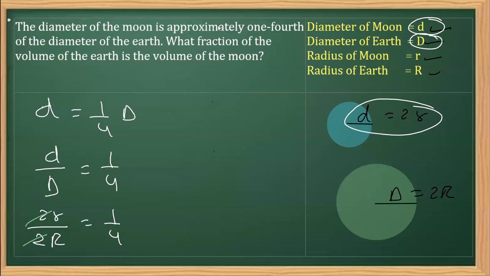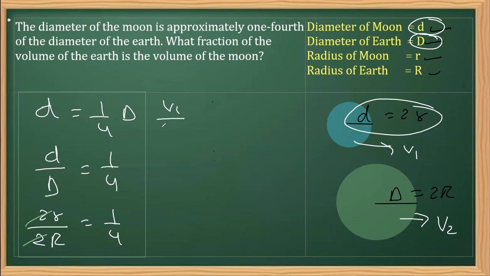Now, once we are done with this part, what we have to do next is to obtain the ratio of their volume. Why so? Because we have to find the fraction. So I can use V1 as the volume of this and V2 as the volume of the other.